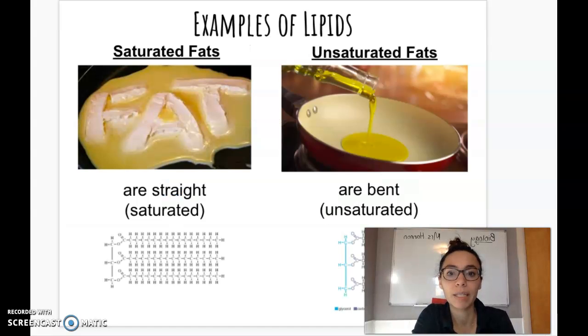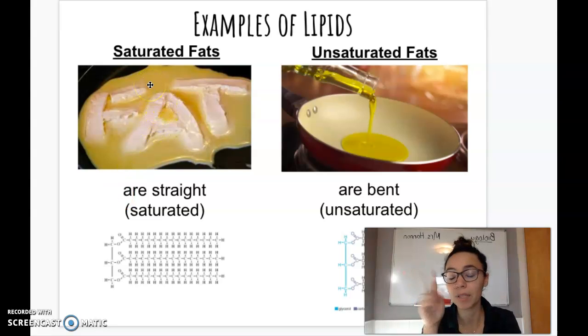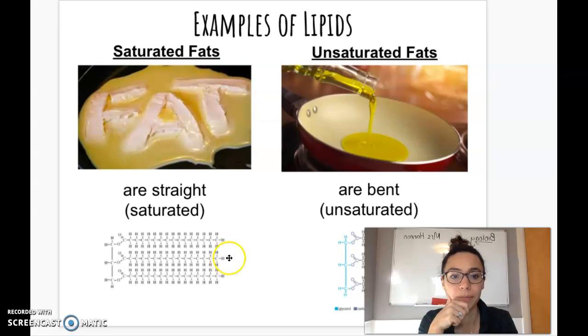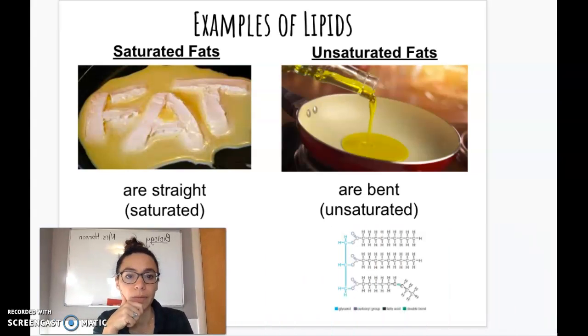Lastly, let's look at some examples. There's two really important examples that I want to talk about. One is called saturated fat, and these are fatty acids that are straight. They have a straight line, straight chain of carbons. Unsaturated fats are bent. See how this one is not straight?